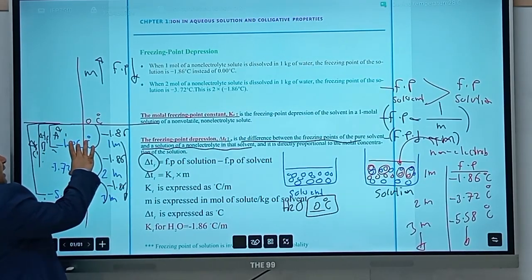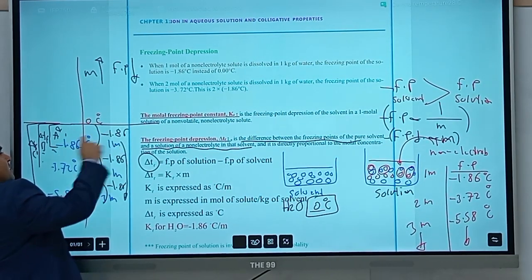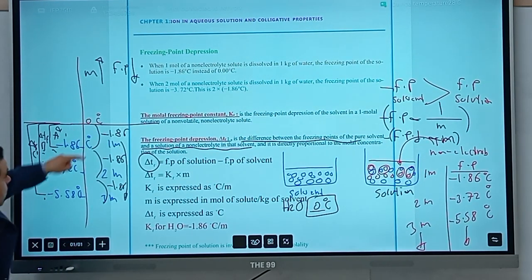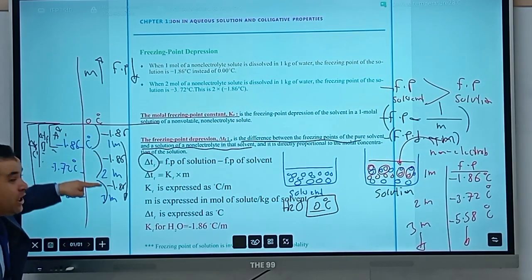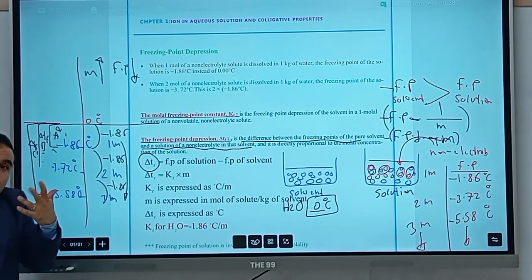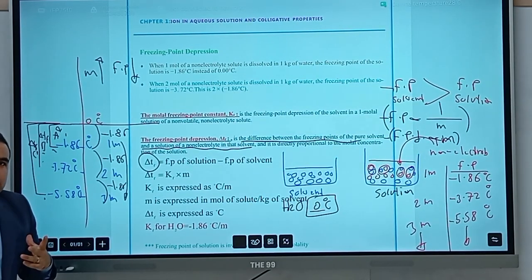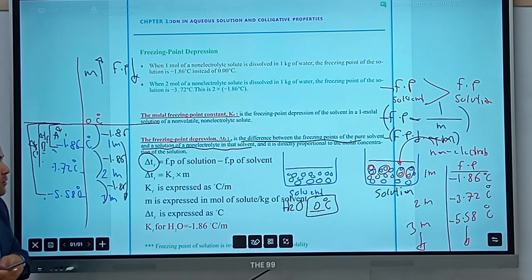Between 1.86 and 3.72, there is 1.86. Between 0 and 1.86, there is 1.86. This constant change of freezing point by 1 molal difference we call the molar freezing point constant.